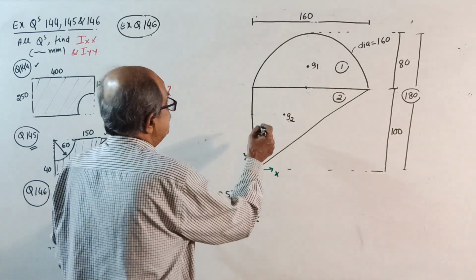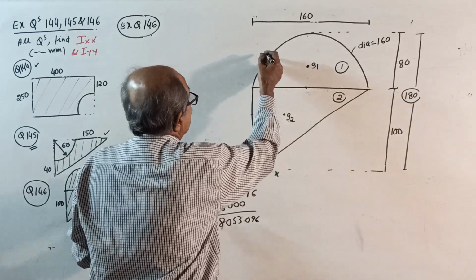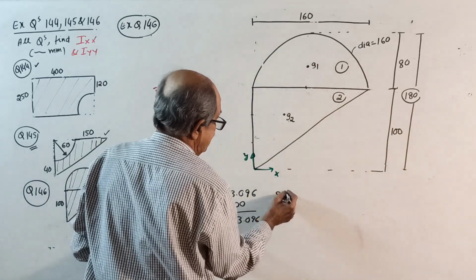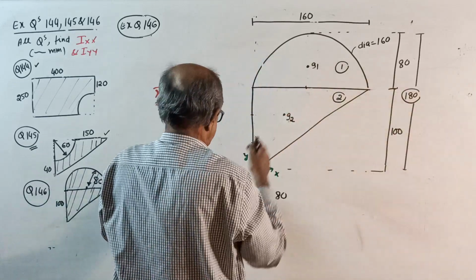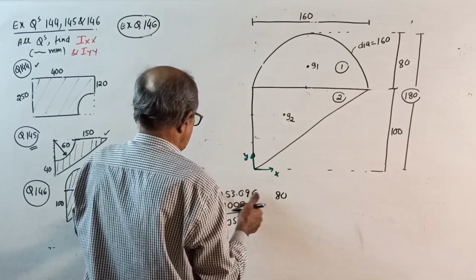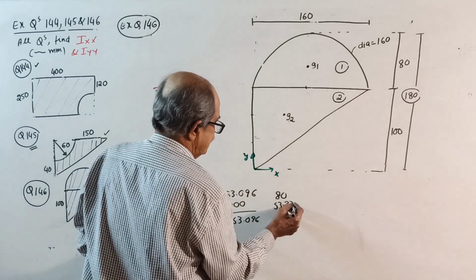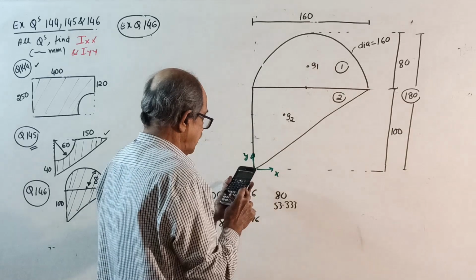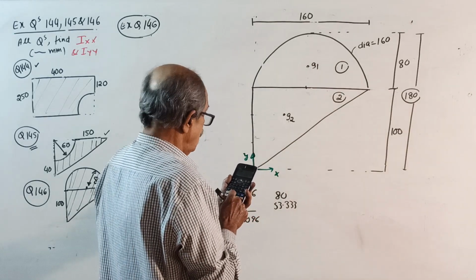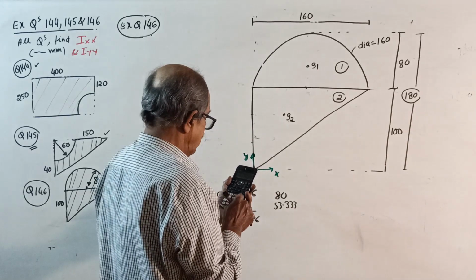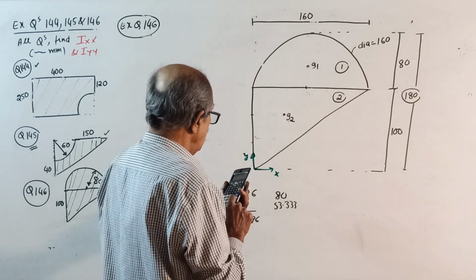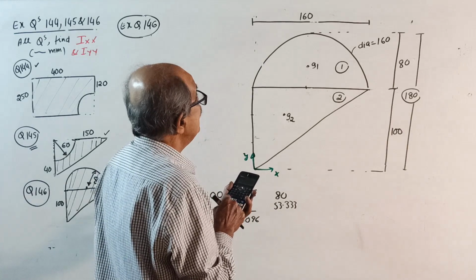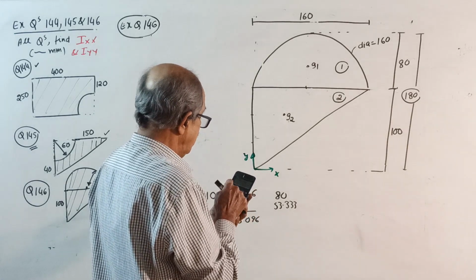Now x distance, x1. From here, this is 160, half of 160, 80. x2, 1/3 of 160, 160 by 3 is 53.333. y1 from here, 100 plus 2d by 3 pi, that is 100 plus 2 into 160 divided by 3 divided by shift pi.